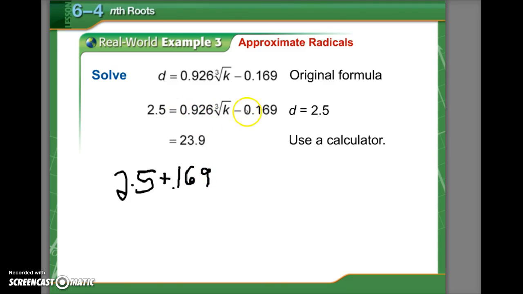And then once this is gone, we would have 0.926 times the cube root of k equals this number, whatever that is. We're going to divide by 0.926, so I have to divide this side by 0.926, and then this will be gone from the right side.